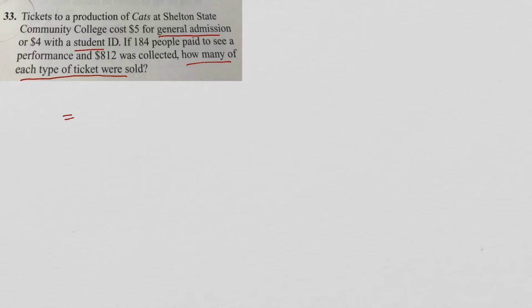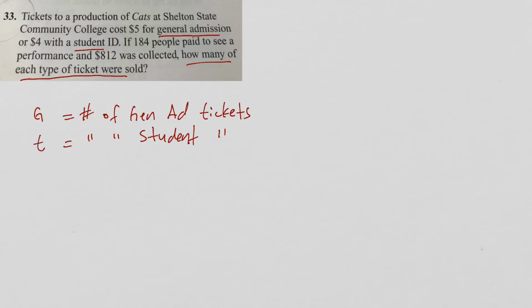Equals number of general admission tickets and the number of student tickets. Okay. So I'll say general is G and student, I'll put student as T.